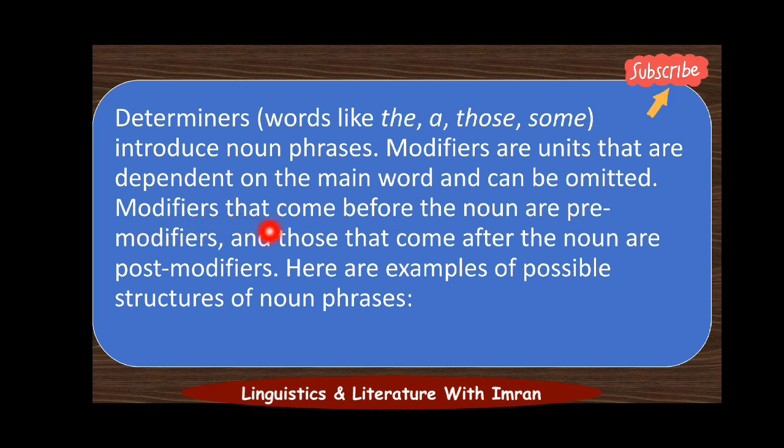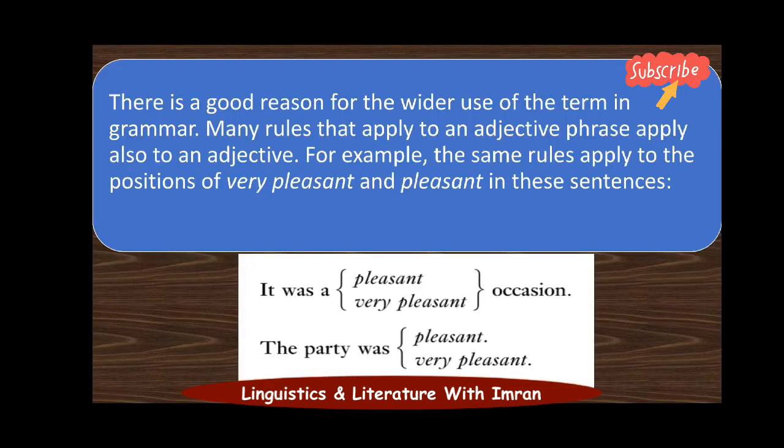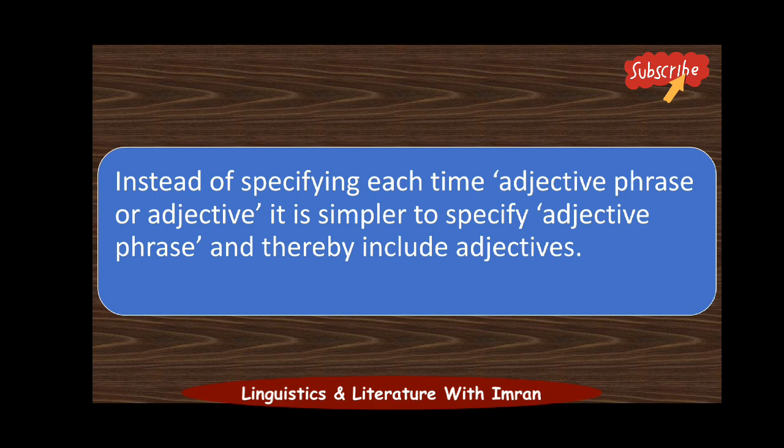Modifiers that come before the noun are pre-modifiers, and those that come after the noun are post-modifiers. For example, in one example we discussed very pleasant occasion, where it is a pre-modifier, and very pleasant in the second example is a post-modifier, because here very pleasant modifies party, and there it modifies occasion, right?